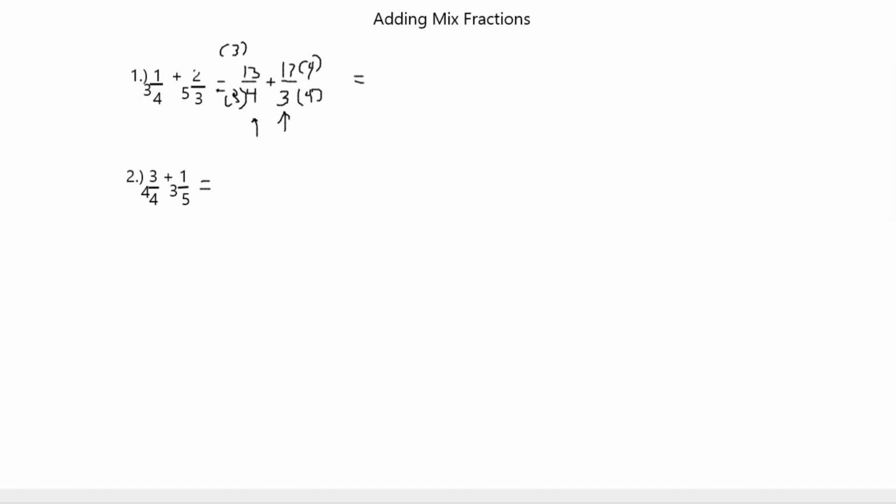Then let's just multiply them. First, let's multiply 13 times 3. So there you have it. I'm just going to put some long multiplication here. 3 times 3 is 9, 3 times 1 is 3, so 39.